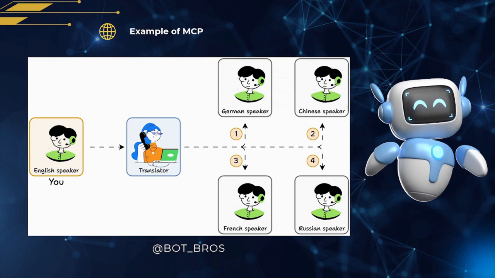So this translator is nothing but the MCP. In the same way, our AI agents don't talk directly to different API systems or databases. They use something called MCP, Model Context Protocol, as a translator.